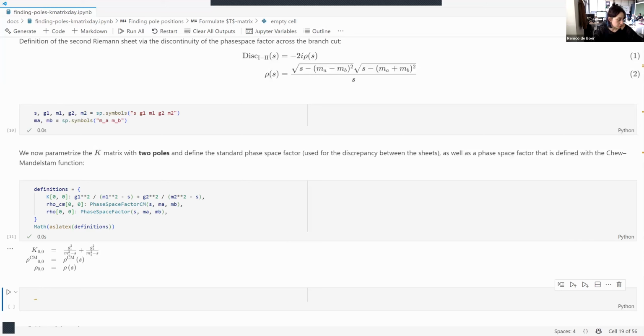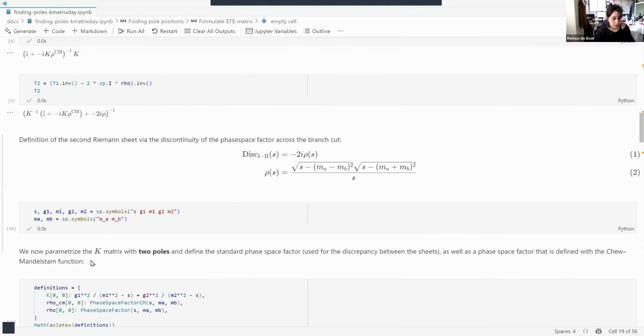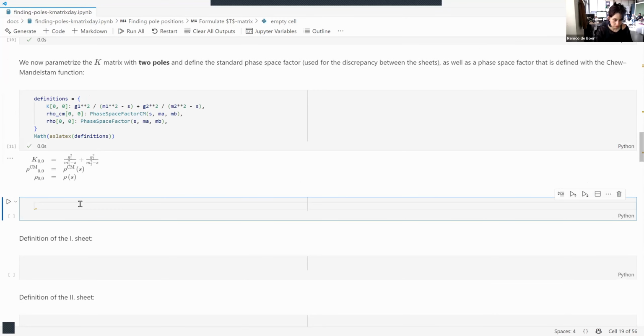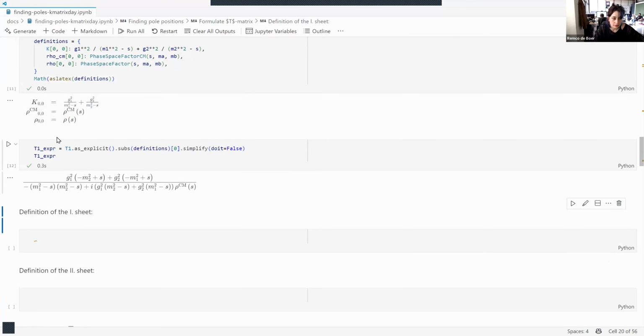Now let's substitute these expressions explicitly into our matrix expressions we defined before. So this looks kind of correct, I guess. So looks good. This is nice to verify here. So if you derive this on paper, for example, you can compare.